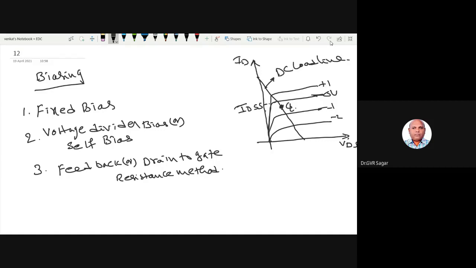Here also, the same: minimum values of VDS and ID are called the operating point on this load line.